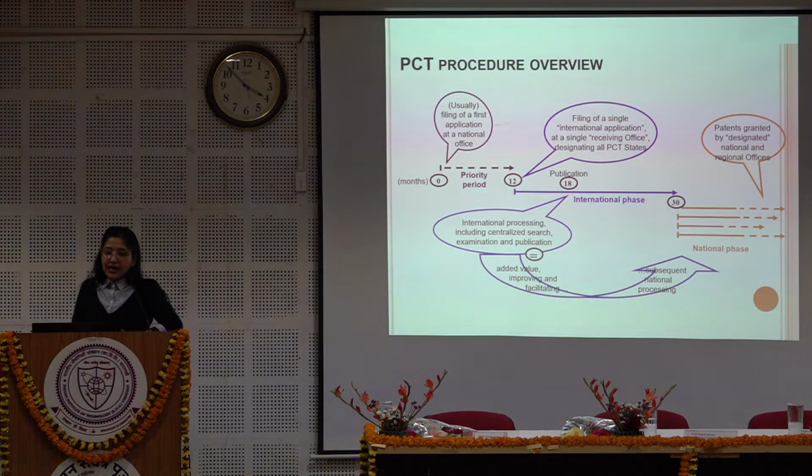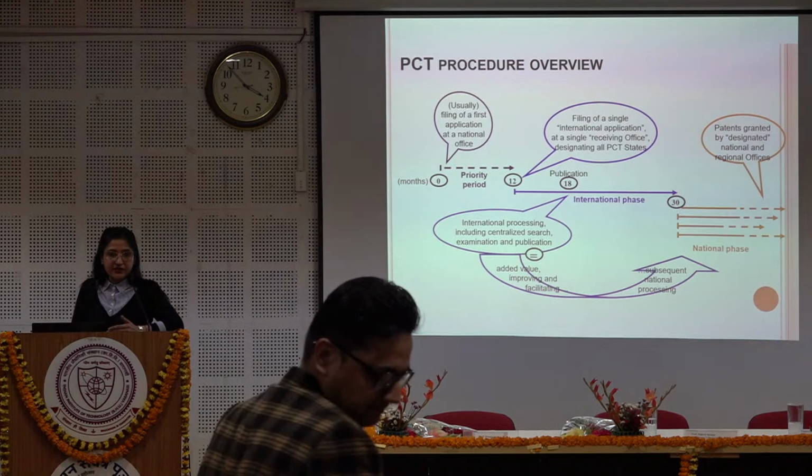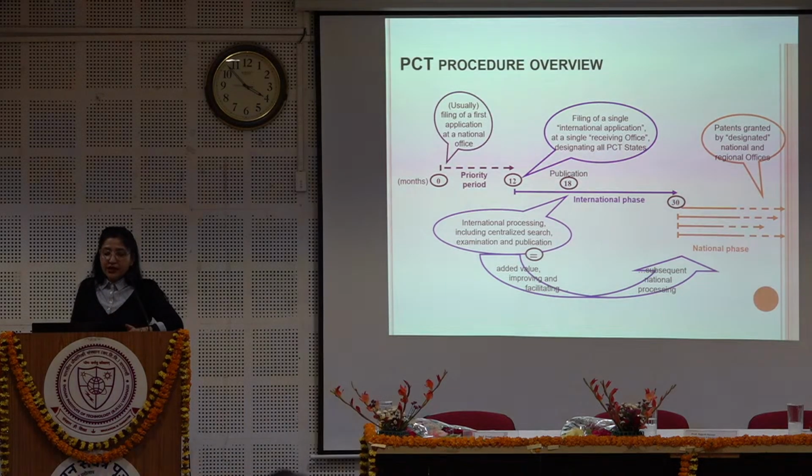So how exactly it happens is, at 0 months, suppose you have your first filing, then taking that priority, within 12 months you can file your PCT application, and after 18 months, the international processing, including search, examination, everything will be done. And after 30 months, you can take it to the individual nations.